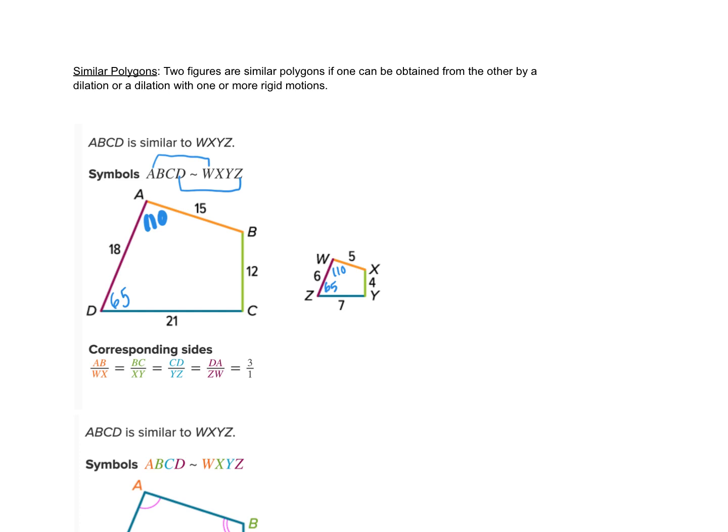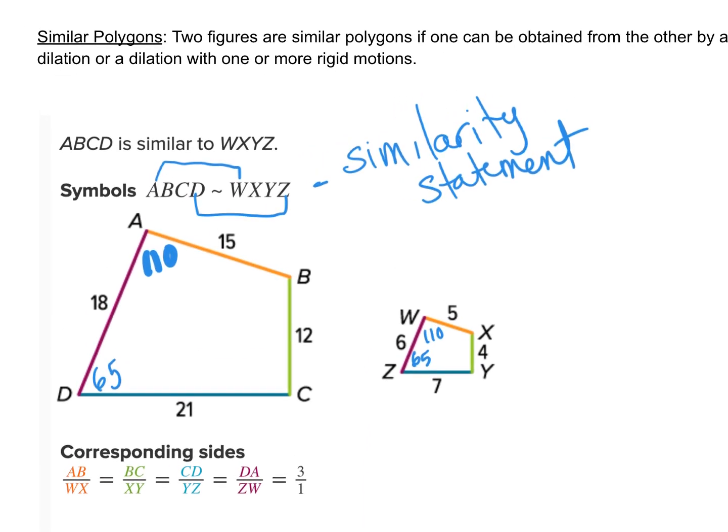But what I do have is this thing right here that's called a similarity statement. Okay. And this similarity statement tells me, and this little symbol right here in the center means similar.